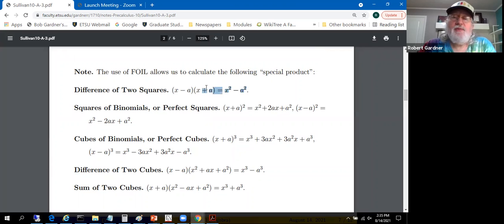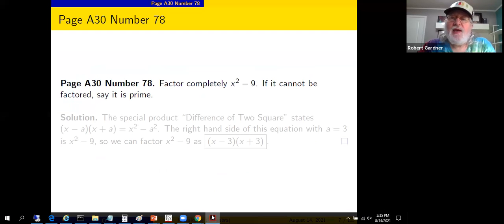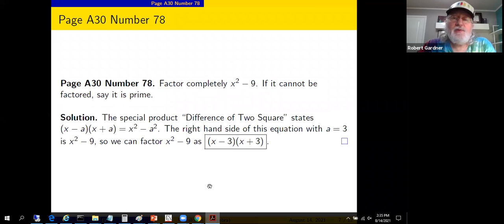So we're going to use this difference of two squares, that's what we called it, this little formula here, to factor what we have here. So difference of two squares stated what we just looked up. The right-hand side of this equation with a equals 3 gives x squared minus 9. So if you make a equals 3, this will become 9, and that's exactly what we're dealing with.